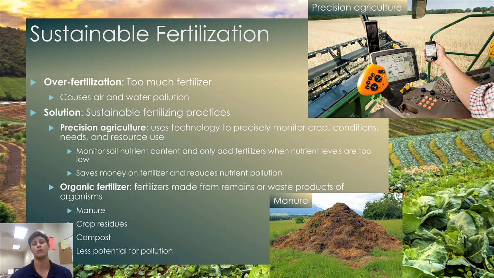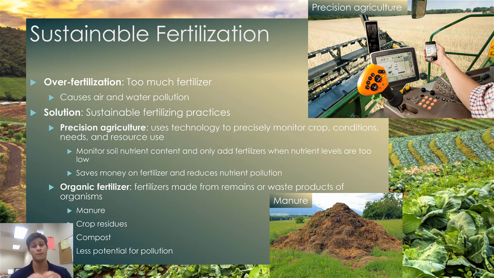Moving forward, organic fertilizer is simply using fertilizers that are made through organic means. These are fertilizers from the remains or waste products of animals or organisms, and that can be things like manure, crop residues, compost, basically food waste from your local population. Because all of this comes from a natural means, it is very easy for organisms to rapidly break down that nitrogen and phosphorus from these organic sources.